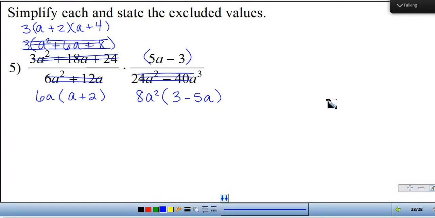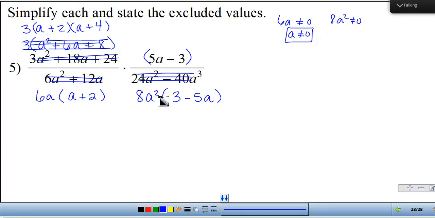Now it's time to do our excluded values. I talked about before that when you have monomials, we already know the excluded value is going to be 0. So both 6a and 8a squared, when I solve them, I'm going to get that a cannot equal 0. There is no need for you to write that answer down twice.